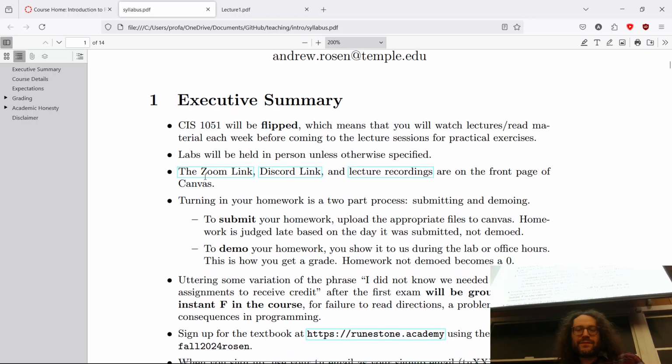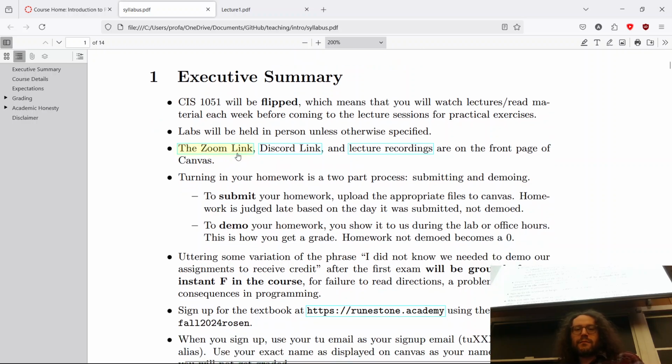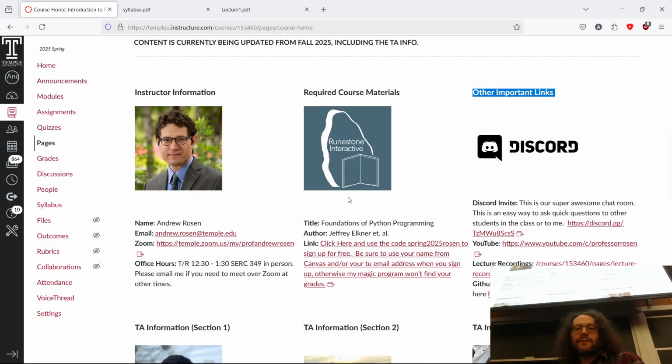to Canvas. So if you need my Zoom link, it's here as well. The Discord link is here, and the lecture recordings has a link here as well. This class does have a Discord. In fact, it shares the same Discord as all of my other courses. If you are unfamiliar with Discord, it is just simply a giant chat room with some added features, primarily catering to gamers, as opposed to Slack, which caters to business.